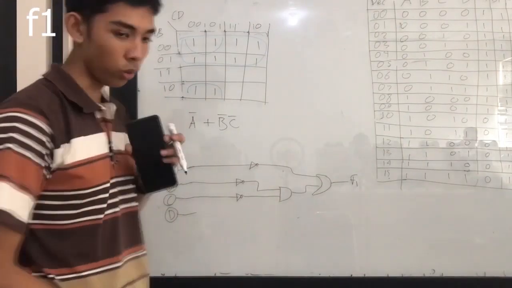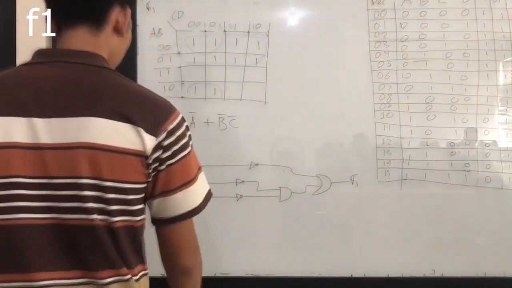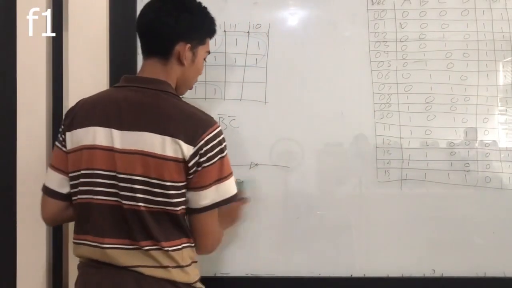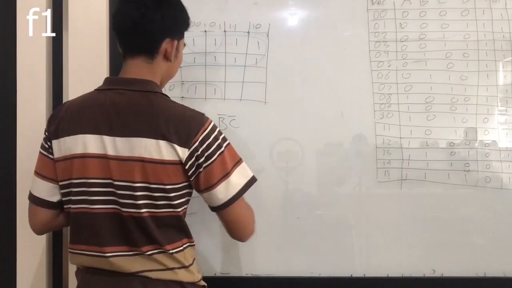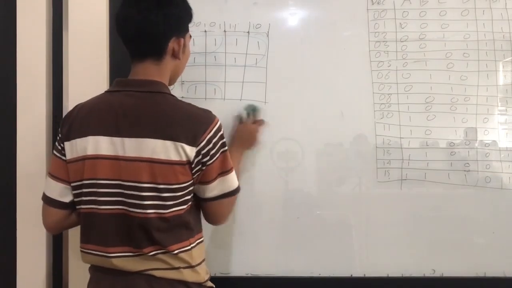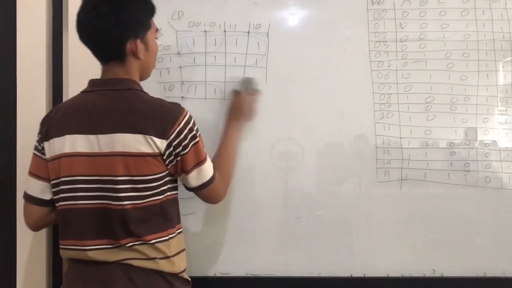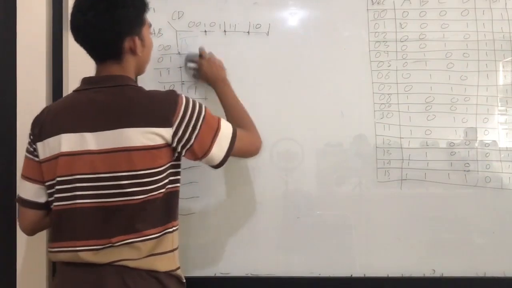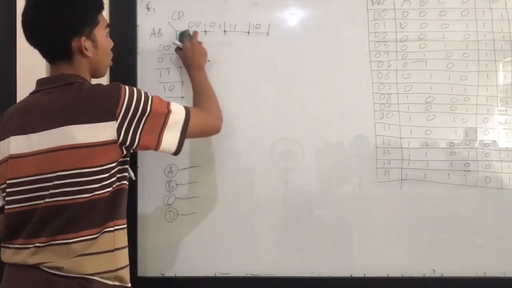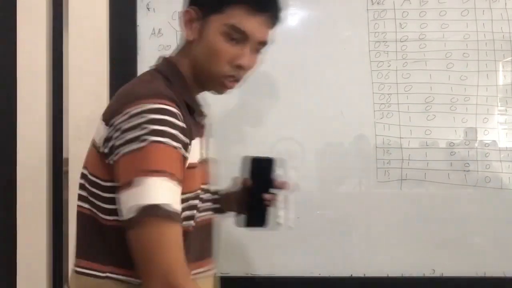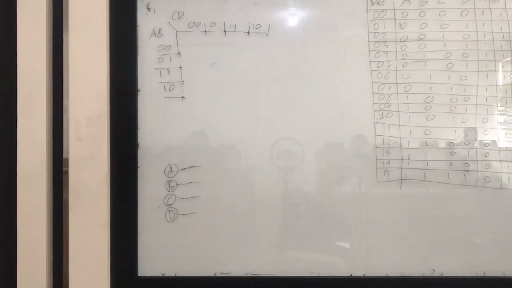Now let's move on to F2. Let me erase this first. Anjir, 1, 2, 3, 4, 5, 6.